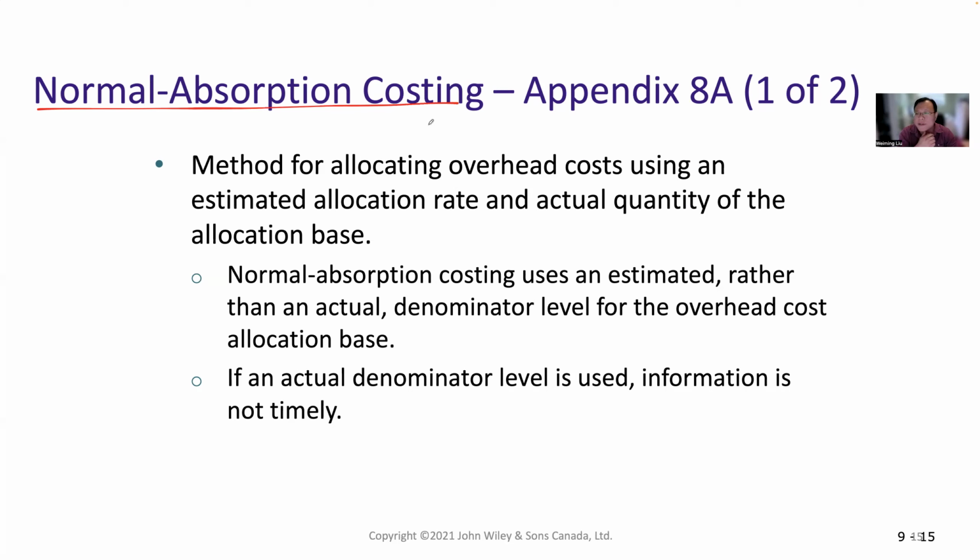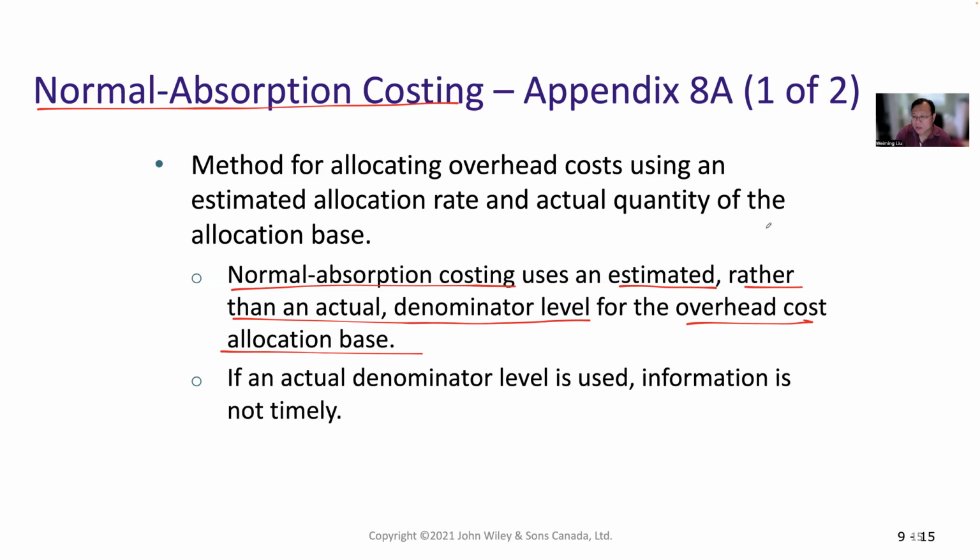So what's the difference between normal absorption costing versus absorption costing, right? Normal absorption costing uses an estimated rather than actual denominator level for the overhead cost allocation base, okay?